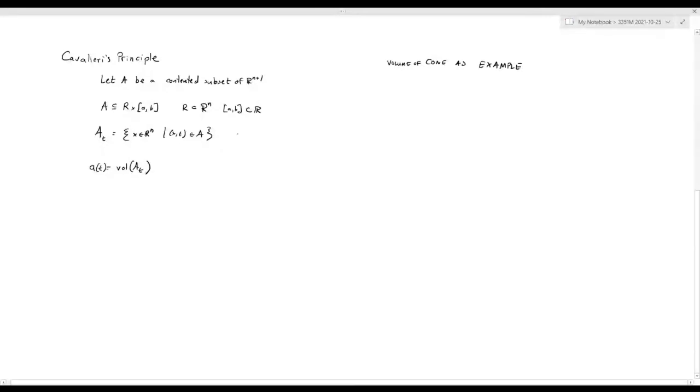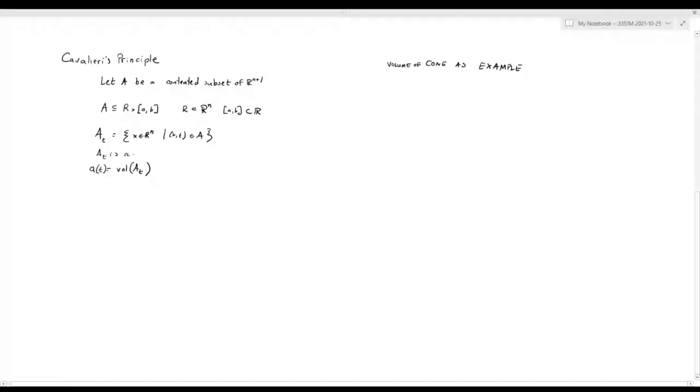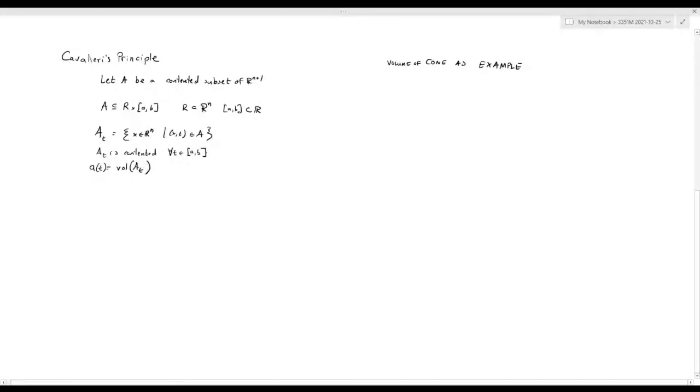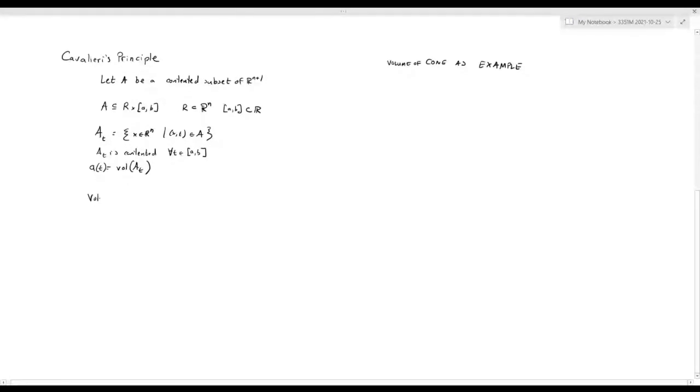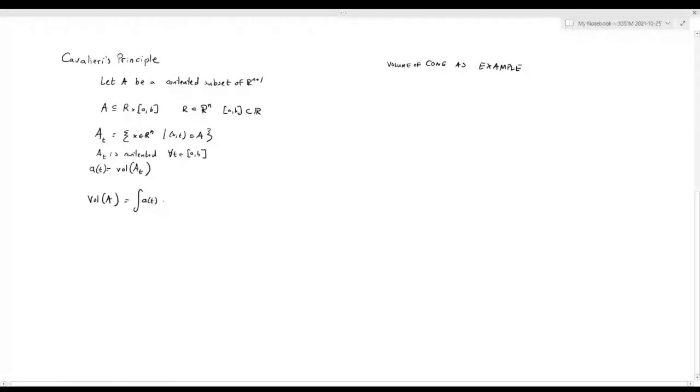So this also has to be contented for all t's. And Cavalieri's Principle says that the volume of A is just the integral of this area formula with respect to t as t goes from a to b.